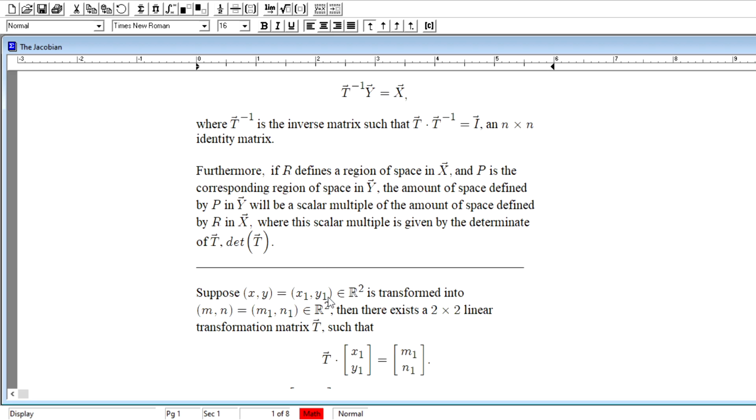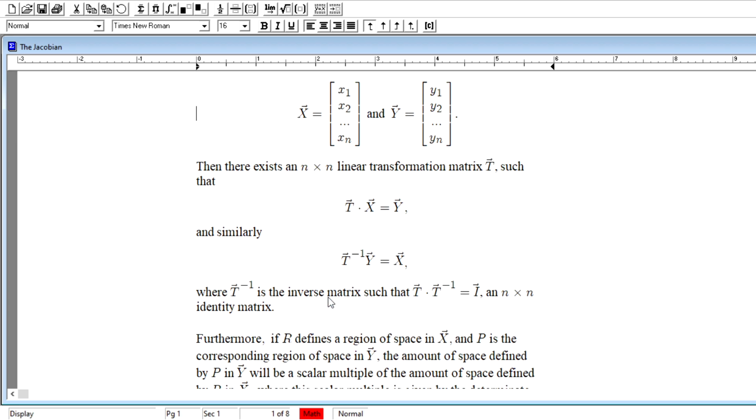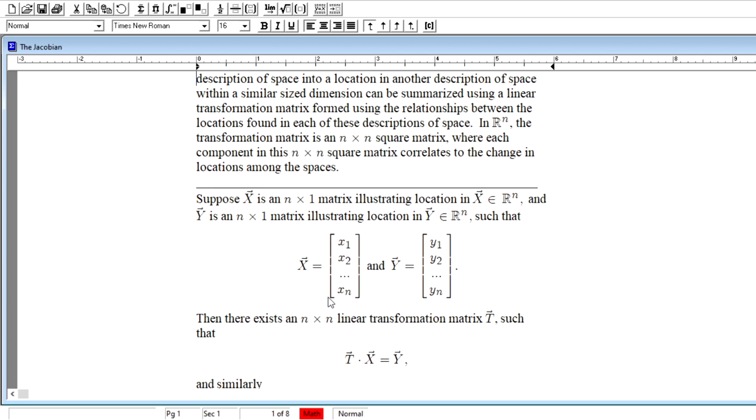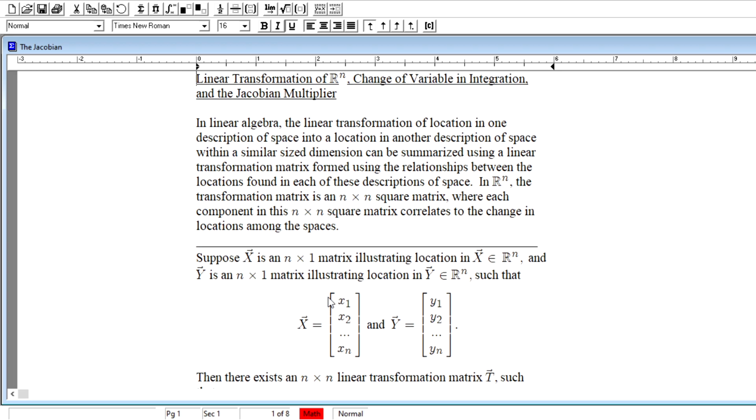In single derivatives, it's a one-dimensional system. In double derivatives, it's a two-dimensional system, and in a triple integral, it is a three-dimensional transformation. Again, it comes from linear transformations of R sub n and how that affects the variables change in those regions. All that brings about what we know as the Jacobian multipliers in all of our cases for change of variable.